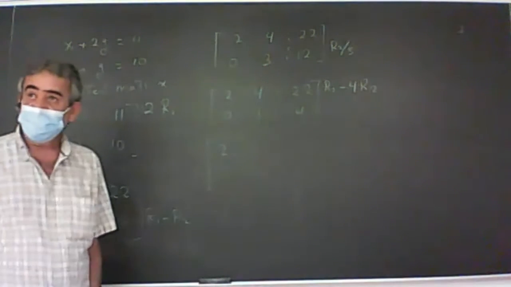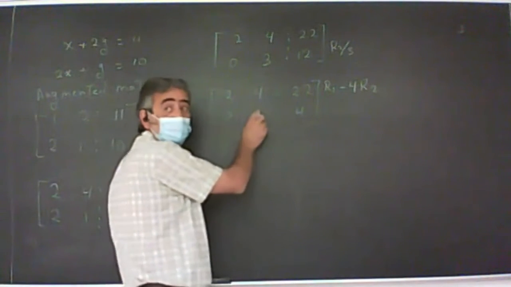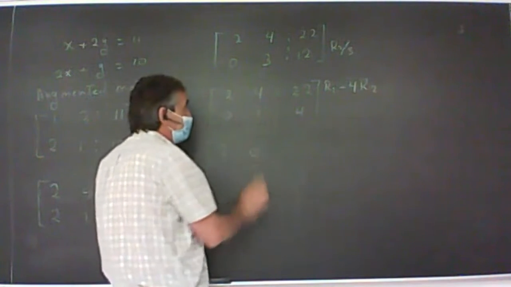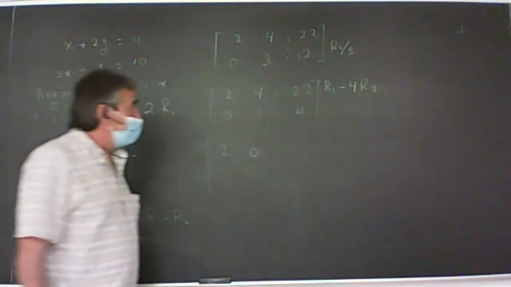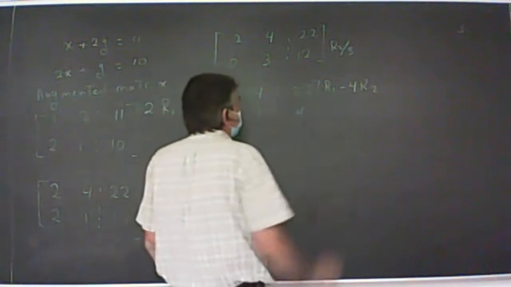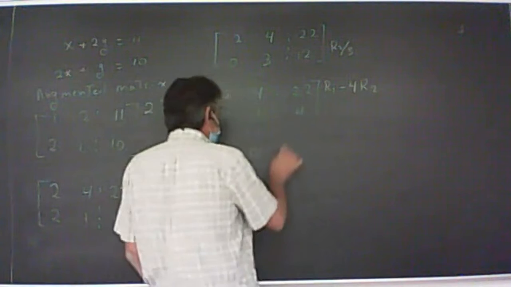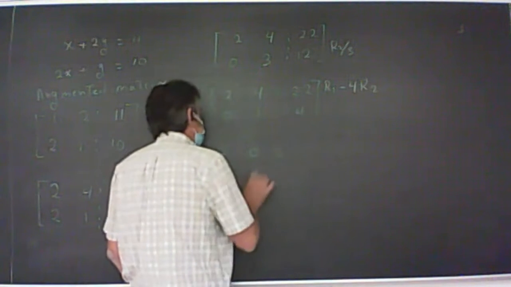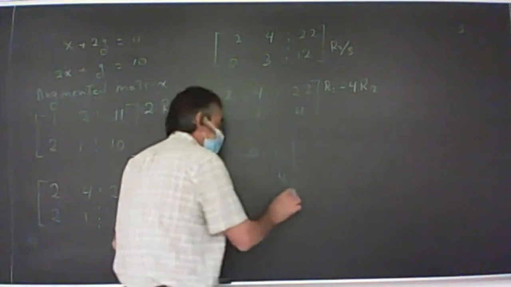Yeah? Now, 4 minus 4 times 1 is 4. 4 minus 4 is 0. And then 22 minus 16 is 6, 0, 1, 4.